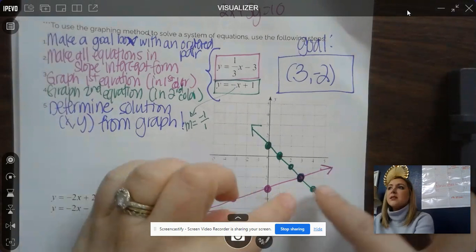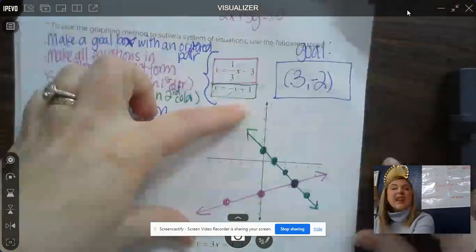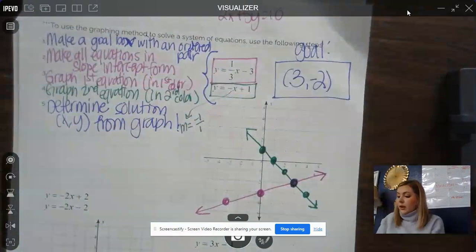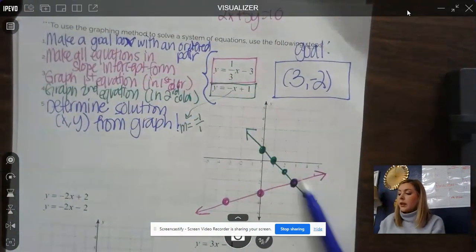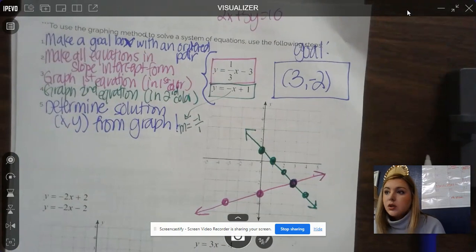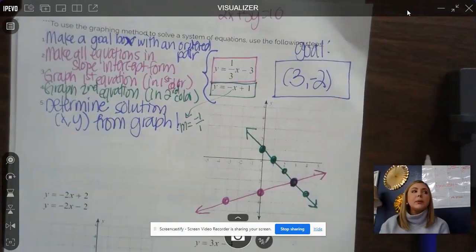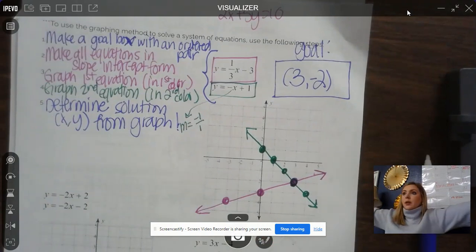These lines, look at this. This is like real talk on this for a second. These lines go to infinity in every direction after this. Here, here, here, here. They will never run into each other again. So at the point 3, -2, that's the only place these lines will ever run into each other, right? Because they're going into infinity forever in the next direction.